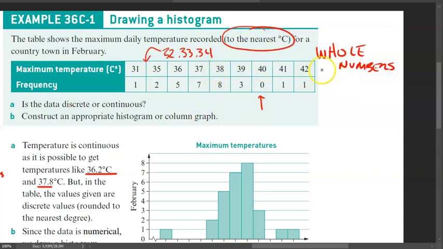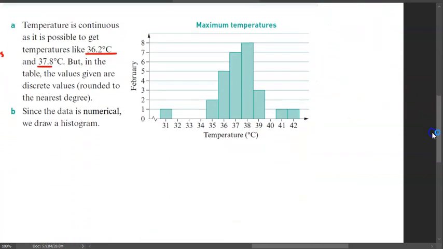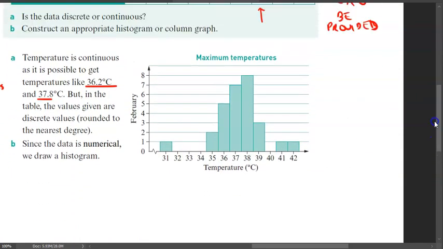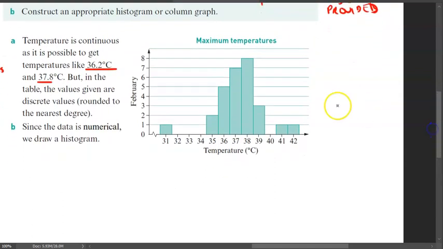So if the answers can be provided as a decimal, then regardless of whether there are whole numbers in there, it is still considered continuous.